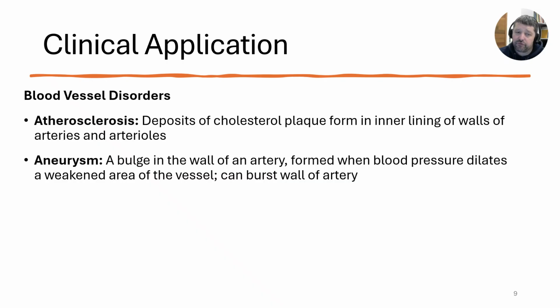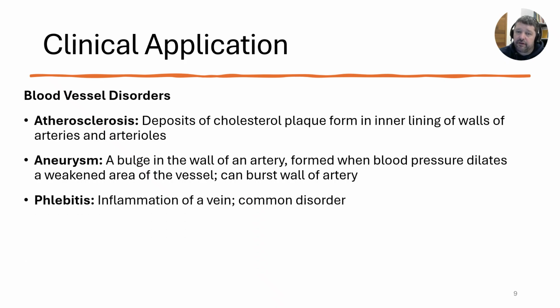So the aneurysm is the bulge in the artery. Often it's related to having a smaller diameter and then a blockage forms, and there's no place for that blood to go because it's pressurized, so it just pushes out on the wall of an artery, and if it's weakened there, it could burst.